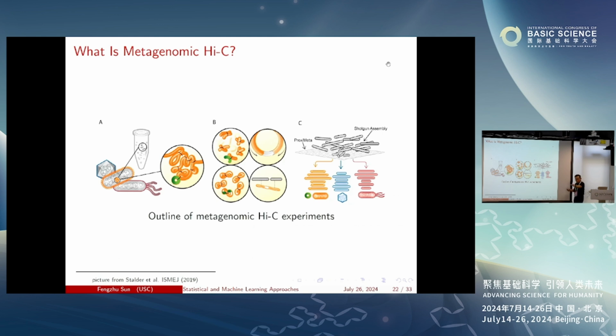One end comes from one region, and another end comes from another region. So that's the metagenomic Hi-C experiment, and from there they can see how regions link together.